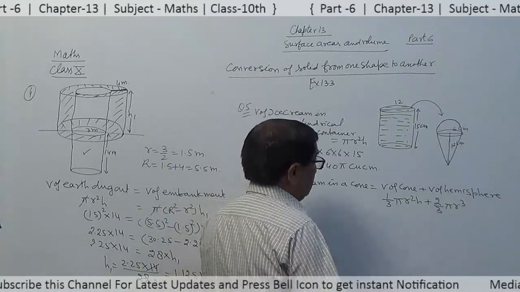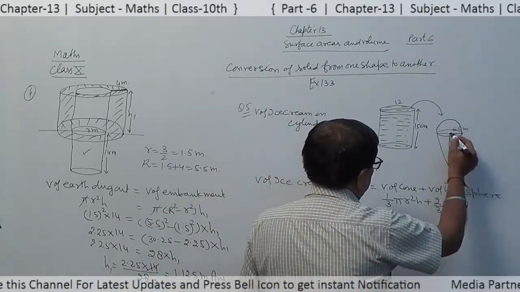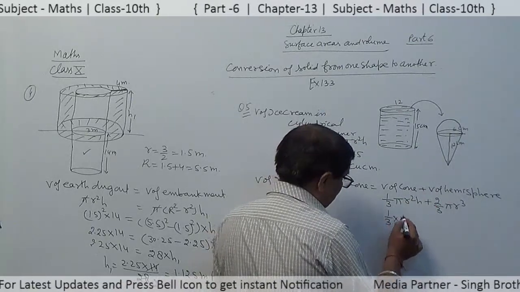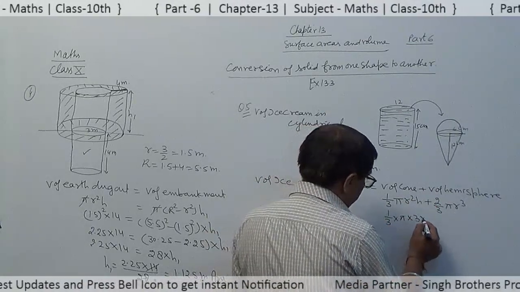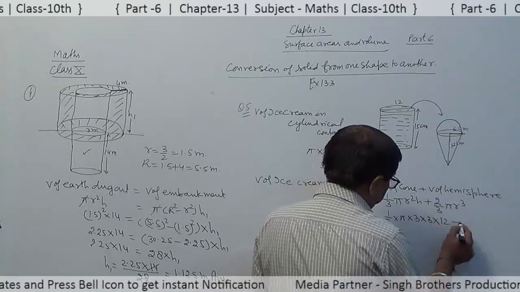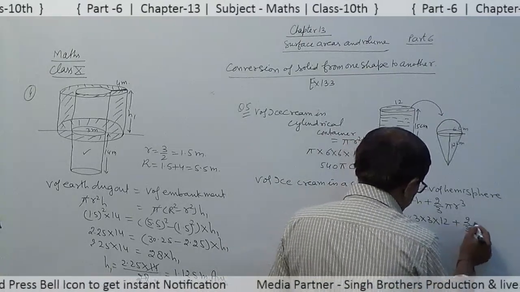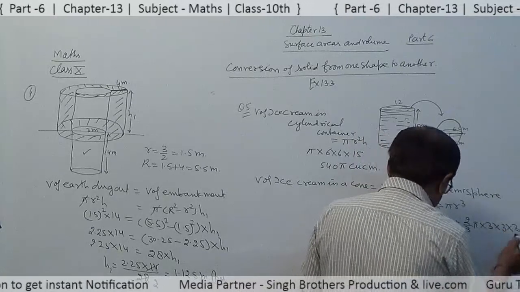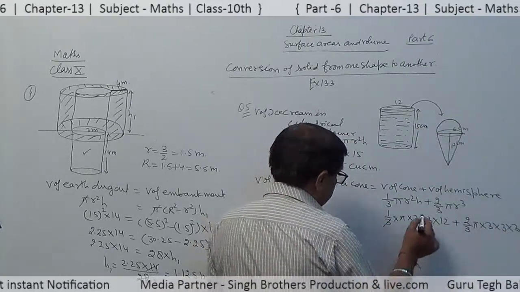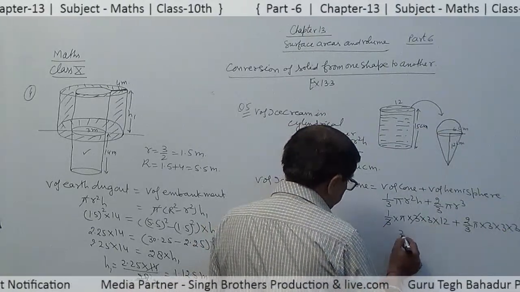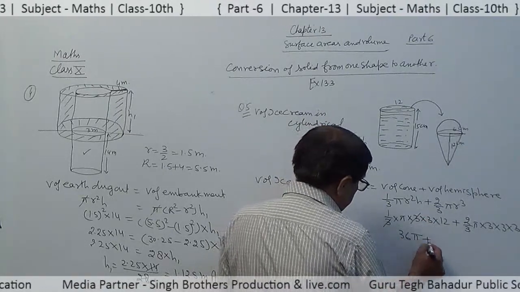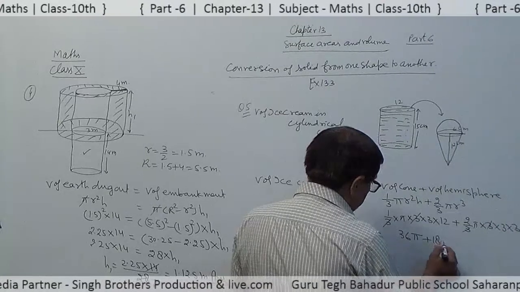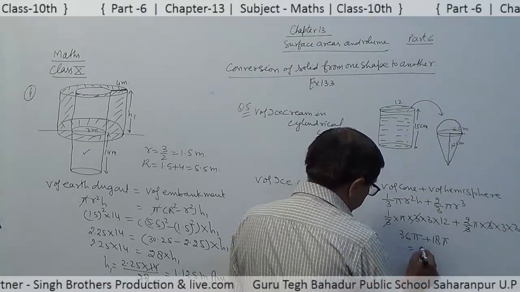Given that radius is 3, so 1/3 into pi into 3 into 3 into 12, plus 2/3 pi, 3 into 3 into 3. This 3 cancels, 12 3 are 36 pi. 3 and 3 cancel, 3 3 are 9, 2 are 18 pi. It becomes 54 pi.